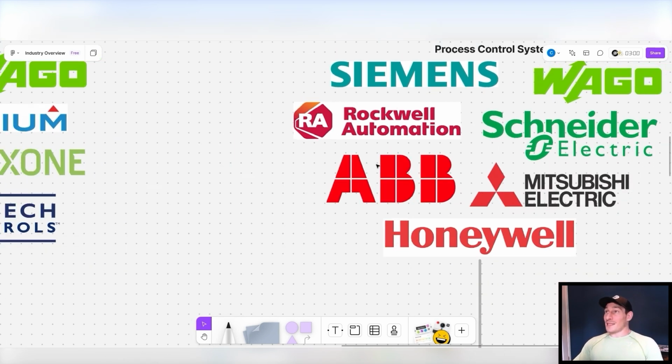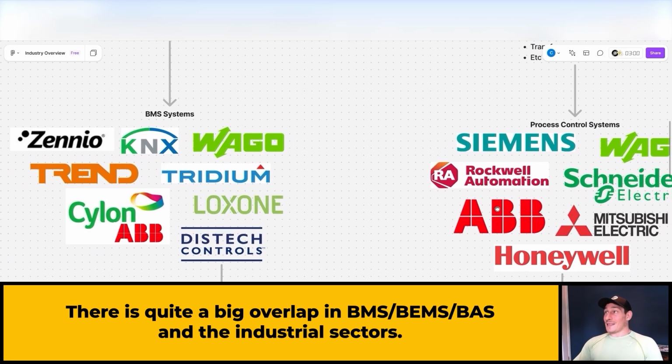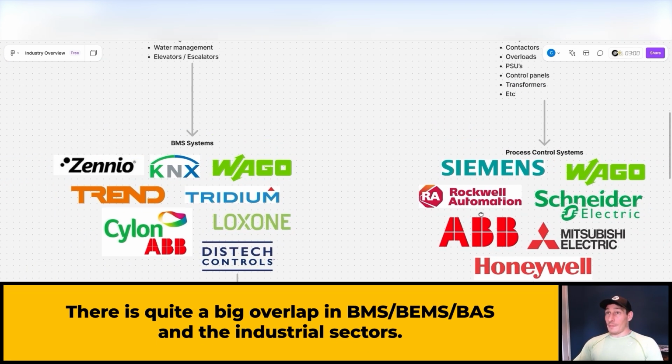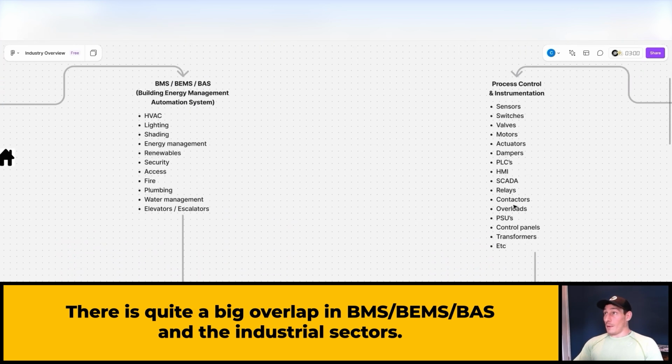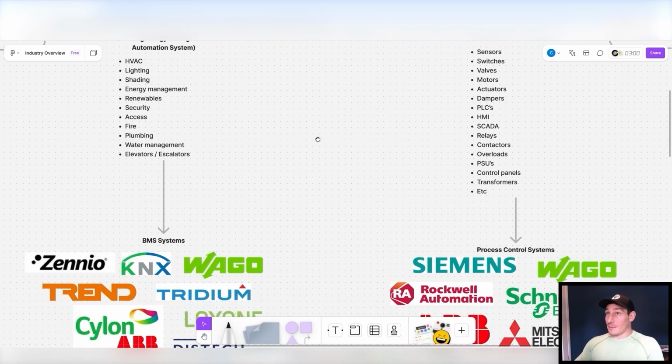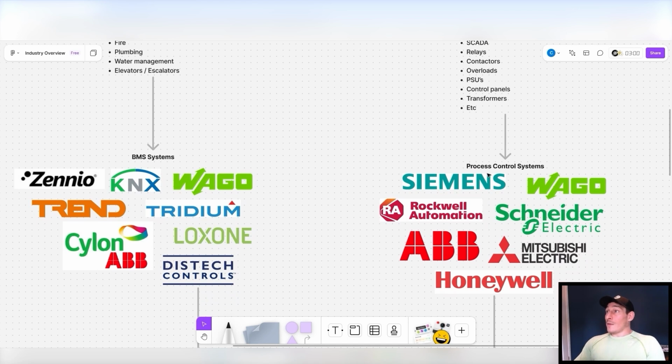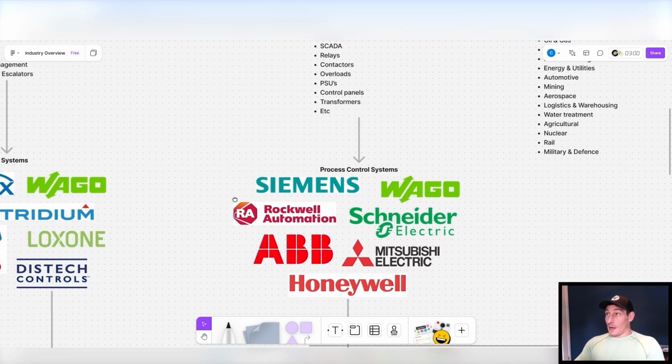So you can start to see that there is quite a big overlap between what's going on up here in process control and instrumentation and what's actually in the field when we break down HVAC systems, lighting systems, energy management systems. And you can see that the manufacturers and the systems have a lot of overlap as well.